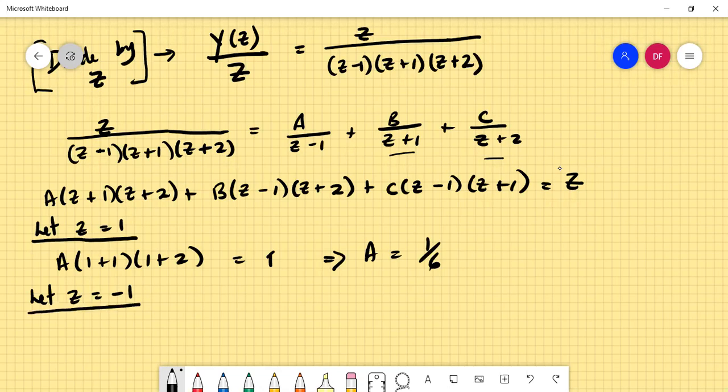So that's going to drop out A and C. So we're going to get B times minus 1 minus 1, minus 1 plus 2, is equal to minus 1. So B is equal to minus a half.